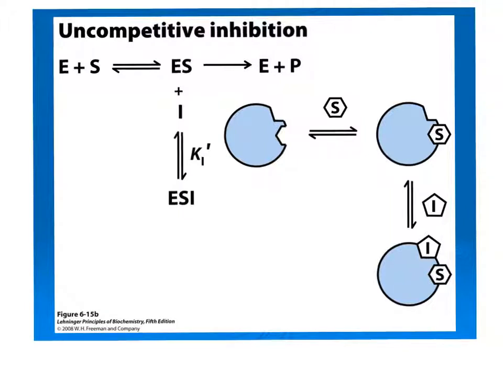All right. So here, no, it's not... We are forming a ternary complex. So we have E plus S, those make the Michaelis complex, and then the inhibitor binds here. They call it Ki prime, but it's still just a Ki. This is still what you'd be comparing to see how strong the inhibitor is.